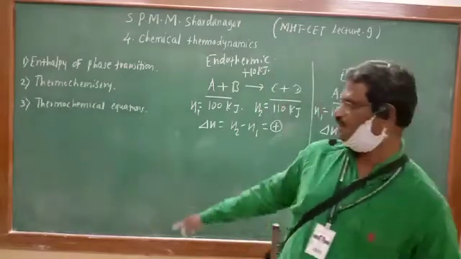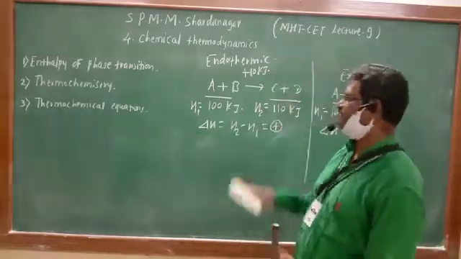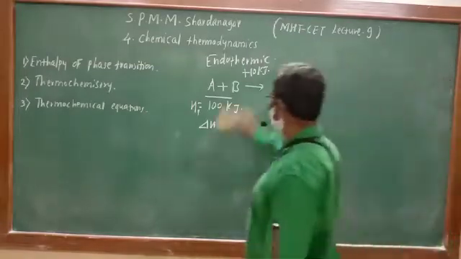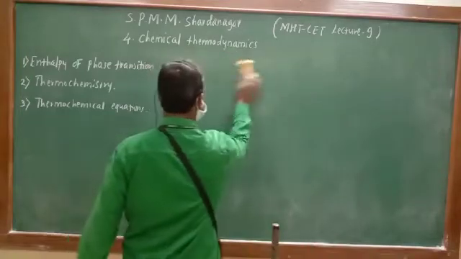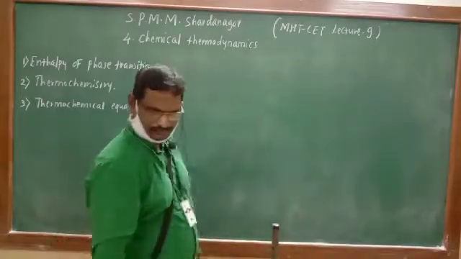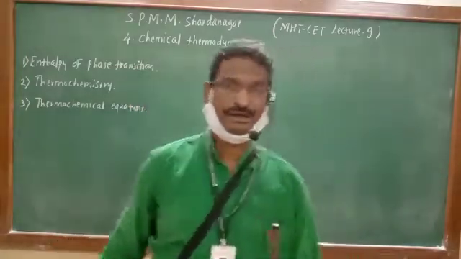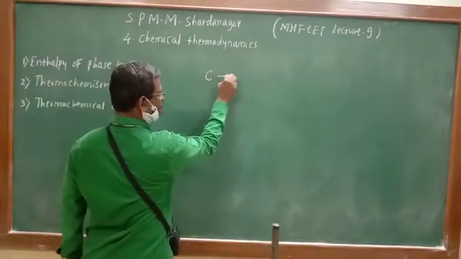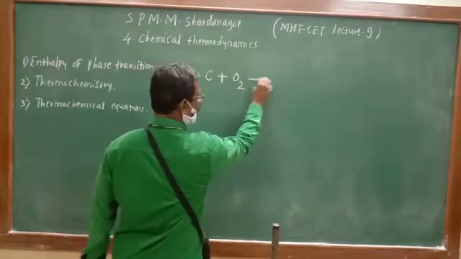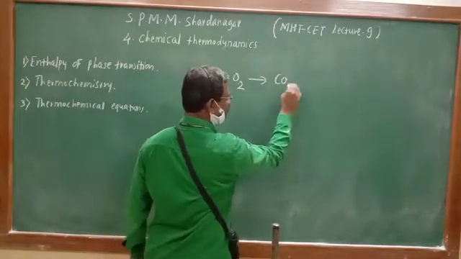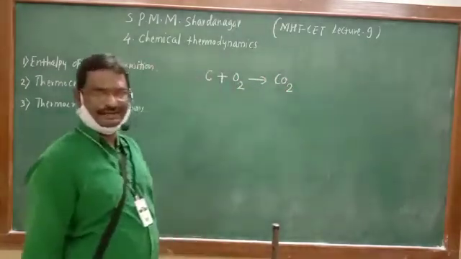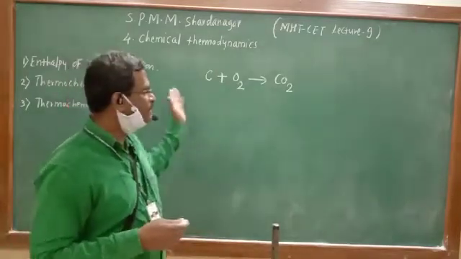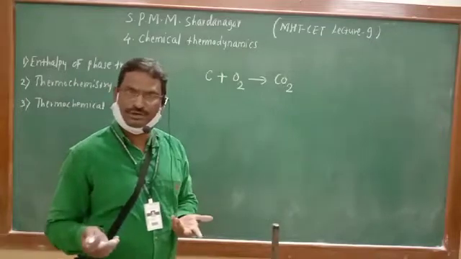Now see thermochemical equations. What is meant by a thermochemical equation? Suppose this is the reaction, carbon plus oxygen giving CO2. This is a balanced reaction. But can we come to know whether the forward reaction is exothermic or endothermic?